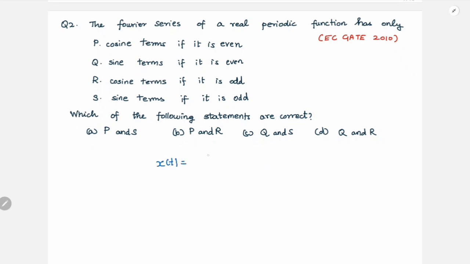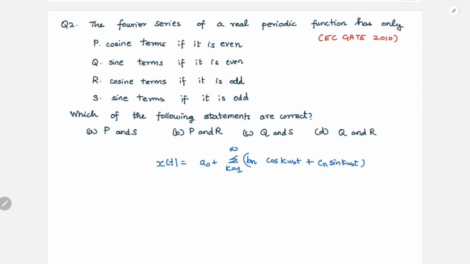So x of t is a0 plus summation k equal to 1 to infinity bn cos k omega naught t plus cn sin k omega naught t. So this is the expression for a real periodic function.